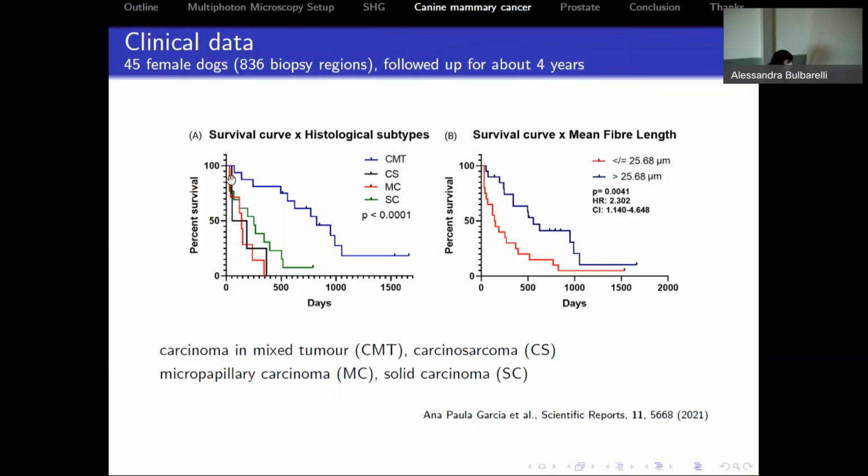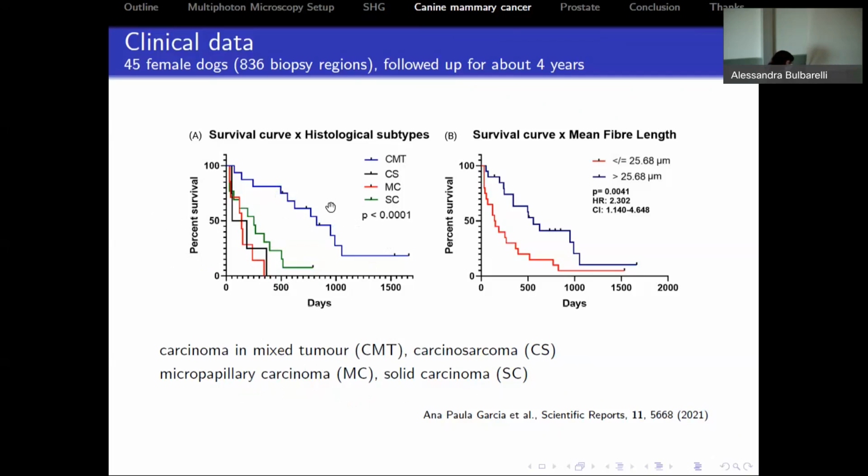Looking at the percent of survival of the dogs, these are slightly different types of cancer classification: carcinoma and mixed tumor, carcinosarcoma, micropapillary, and solid carcinoma. That's the survival curve according to the diagnosis given by the pathologist at the time the cancers were identified.